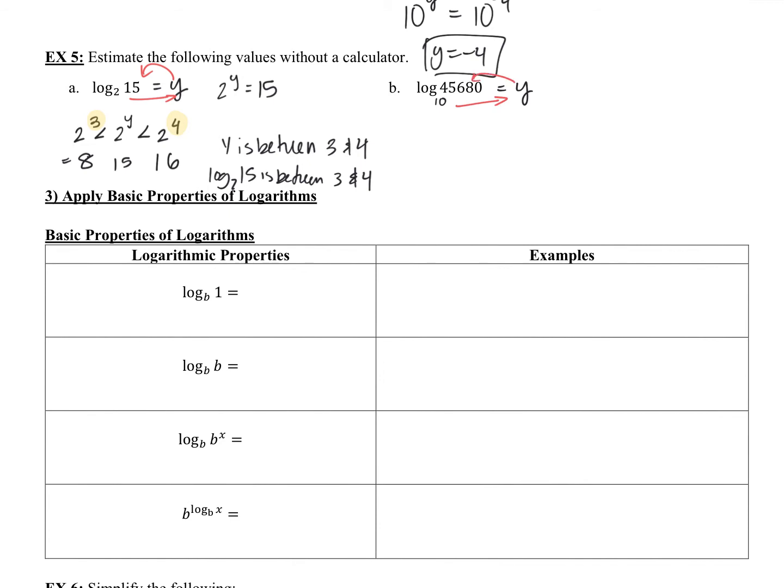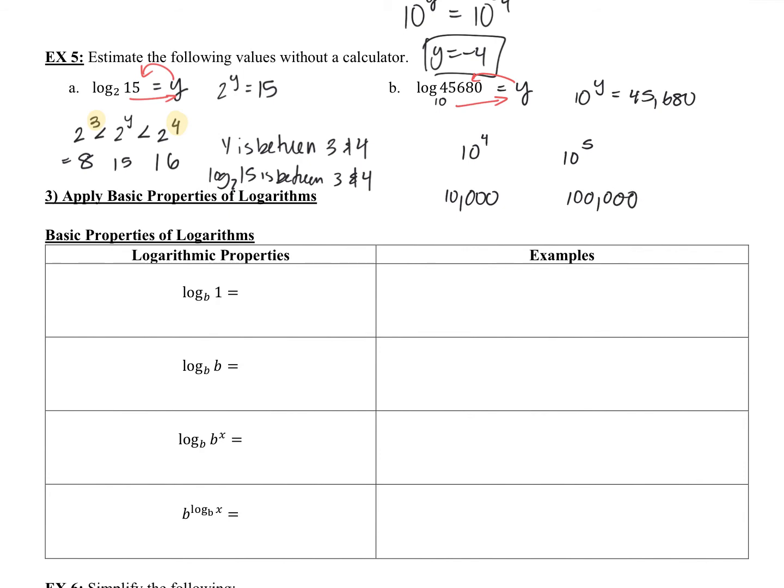So this is saying 10 to what power equals 45,680. Once again, we'll find a lower bound and an upper bound and compare. Well, let's see. That's 45,000. So I know that 10 to the 4th power is 10,000. Well, the next option would be 10 to the 5th power, which is 100,000.